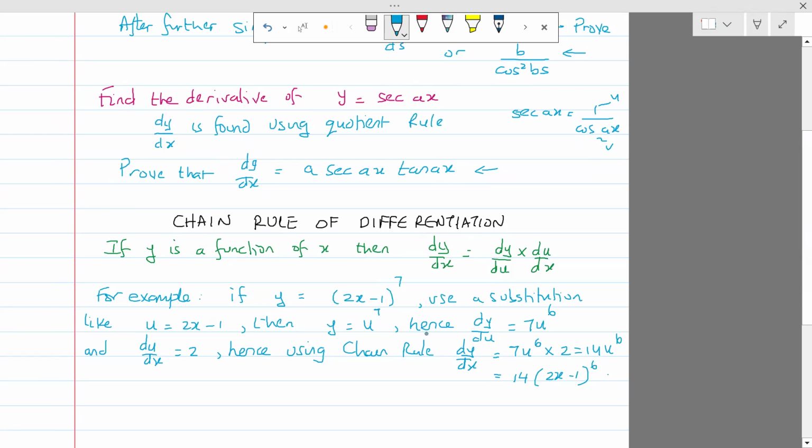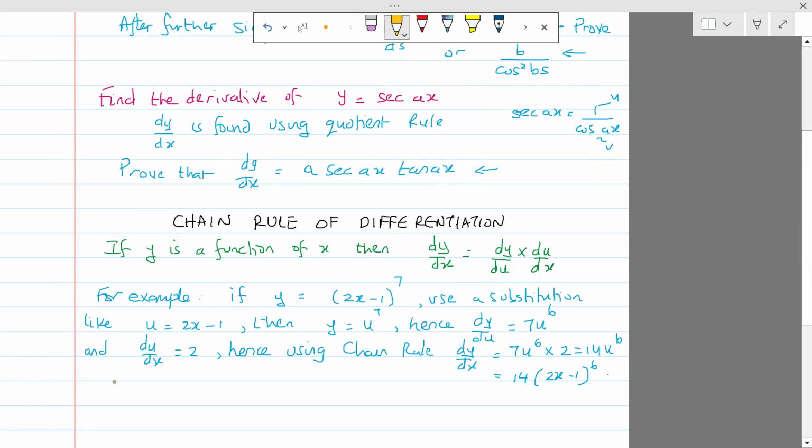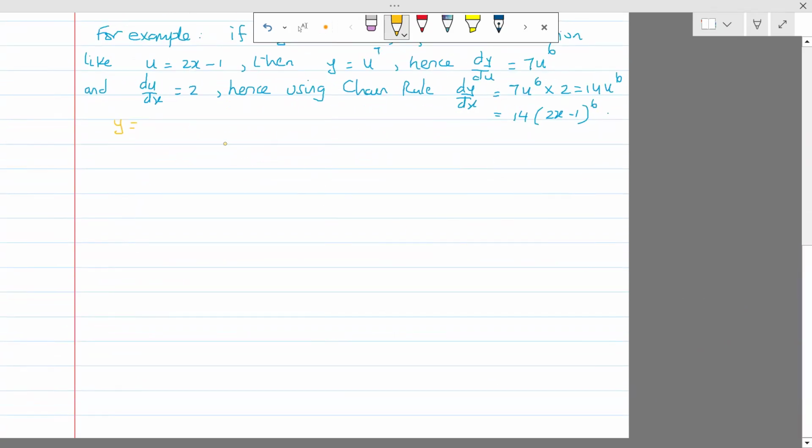So this is the rule of the chain rule. In fact, you can have also another way of working this out. I'm going to show you this here. y equals (2x minus 1) power 7. You can directly use direct differentiation instead of going through the chain rule.